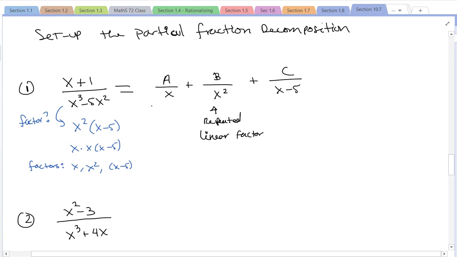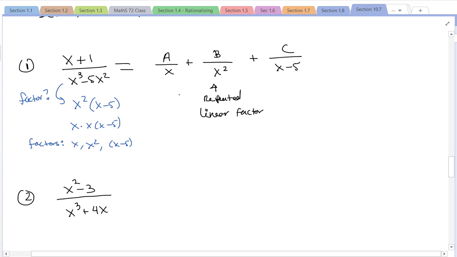We're trying to think about where this fraction came from, and how we got this common denominator of x squared times x minus 5. I can't just say it didn't have the x term, because what if it did? And if it turns out that it doesn't, we'll find that A is 0.